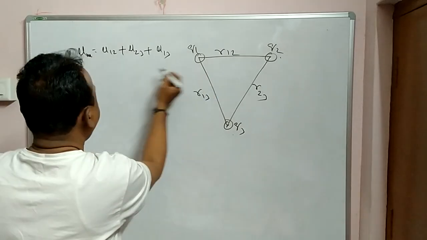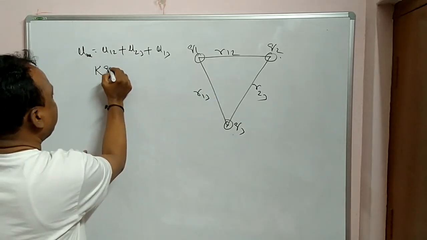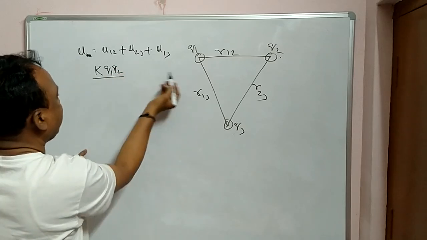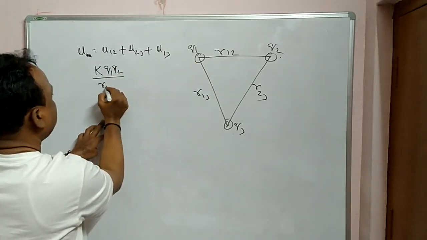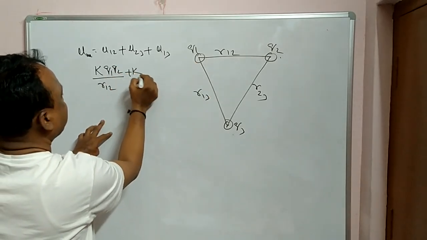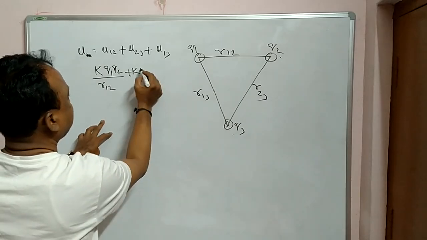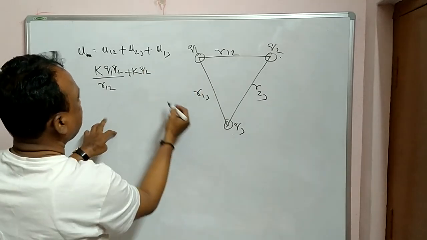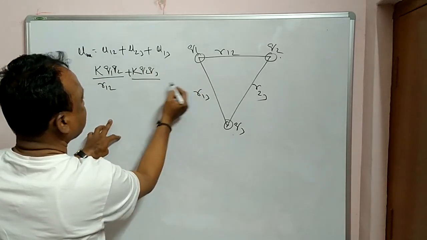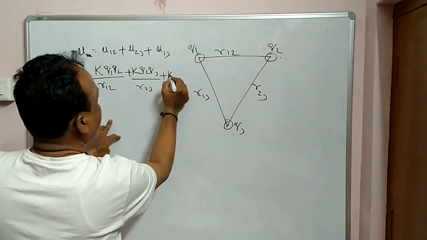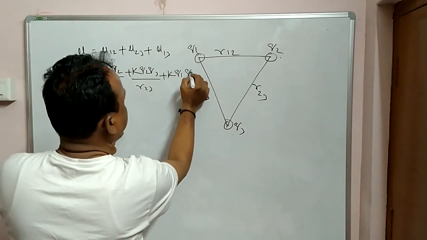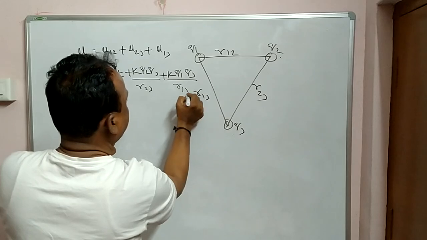So when you add up all those values: K Q1 Q2 by distance R12, plus K Q2 Q3 by distance R23, plus K Q1 Q3 by distance R13, with proper signs.